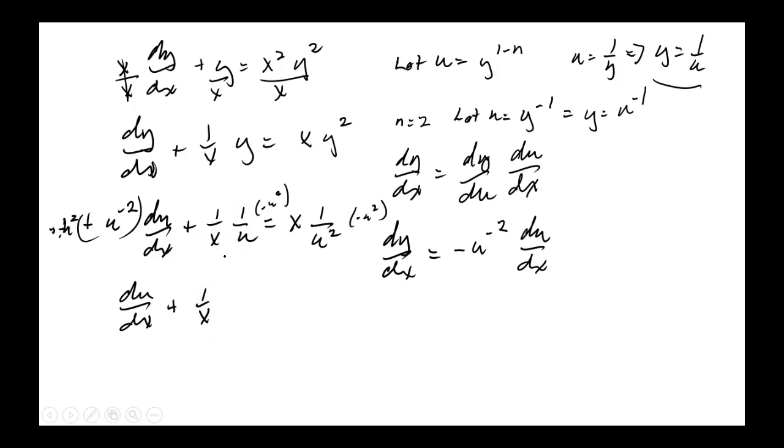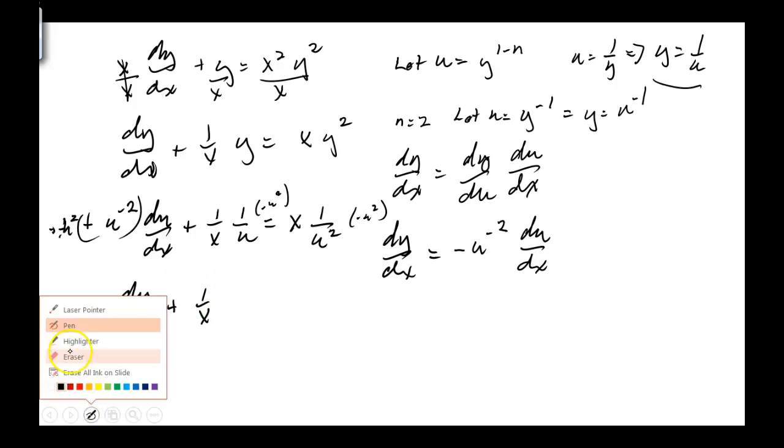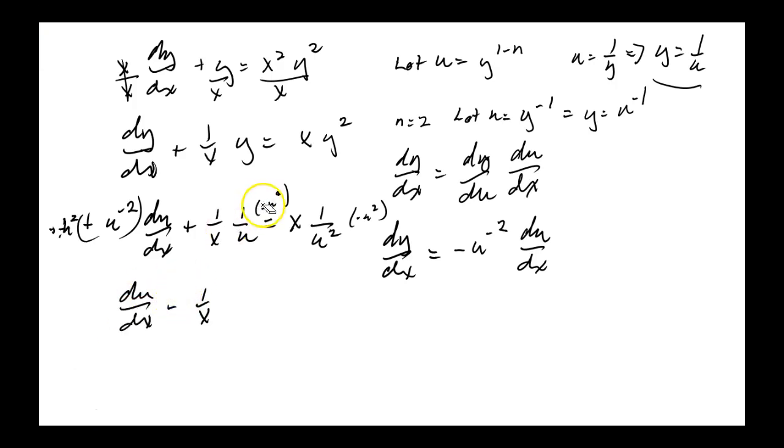Now, what happens here is that plus becomes a minus because of that minus, and the 1 over u times u squared would be u, is equal to x stays x, it's just x.